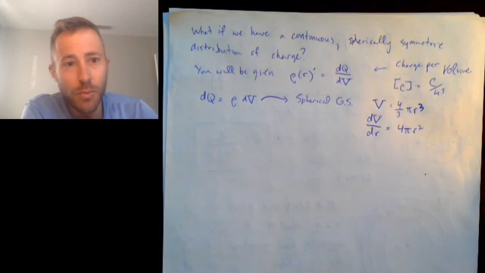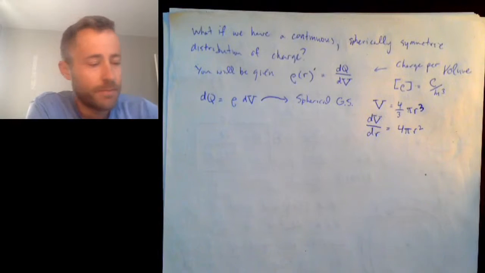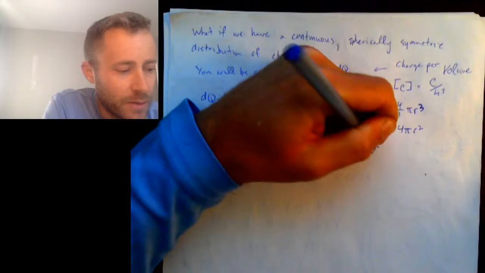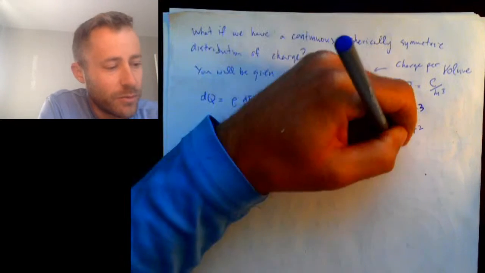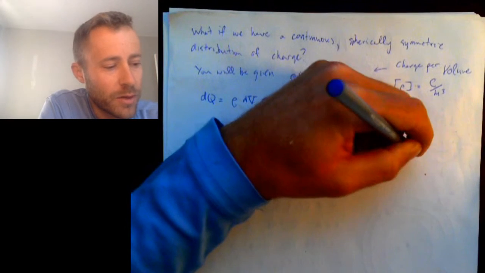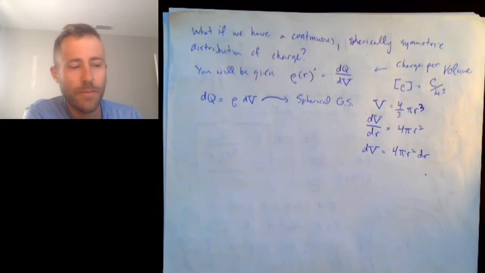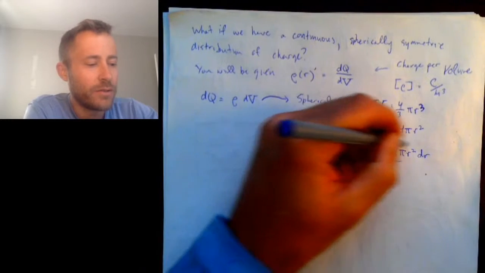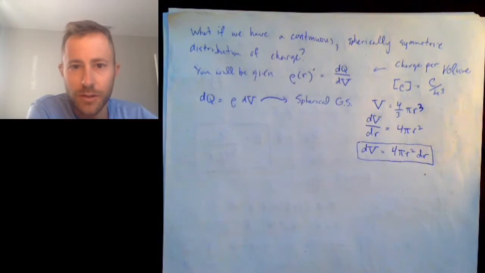Then you multiply both sides by dr, and you get that dV is equal to 4 pi r squared dr. So this is what dV is for a spherically symmetric system.